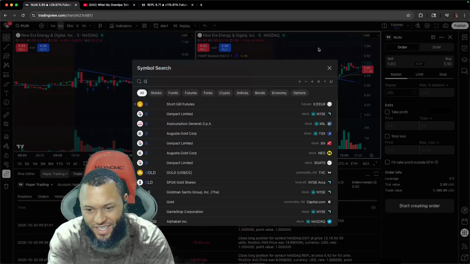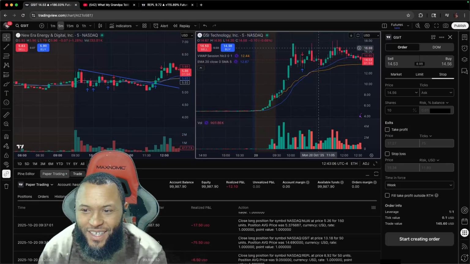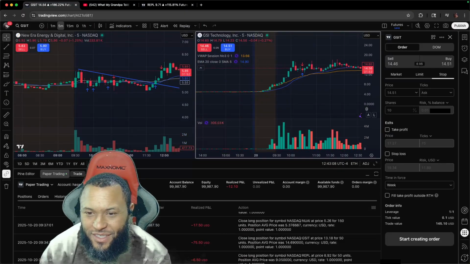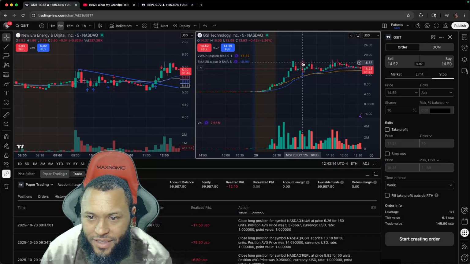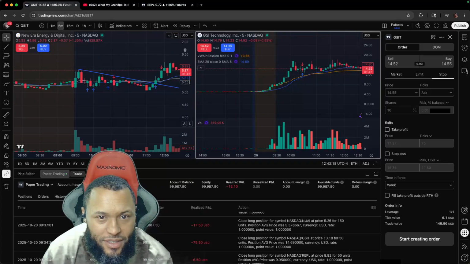I guess we can look at this GSIT trade. I just threw it in there, man. Just threw it in there and got stopped out pretty much on the same candle on the 5. That looked like on the 1.